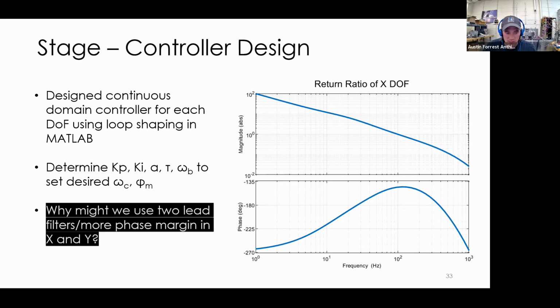And the reason is phase margin is basically a way of accommodating uncertainty. And because the hub actuator is nonlinear, you can think of it as having a negative stiffness, but the negative stiffness is varying with position. So to accommodate for the uncertainties of the hub actuator, I added another lead filter to give me more phase, which was helpful.